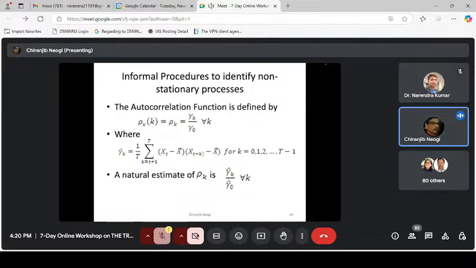I take the estimated covariance and variance, and from those I get the estimated correlations. From the pattern of these correlation values over the lag period, I can get an idea about the stationarity of the series.